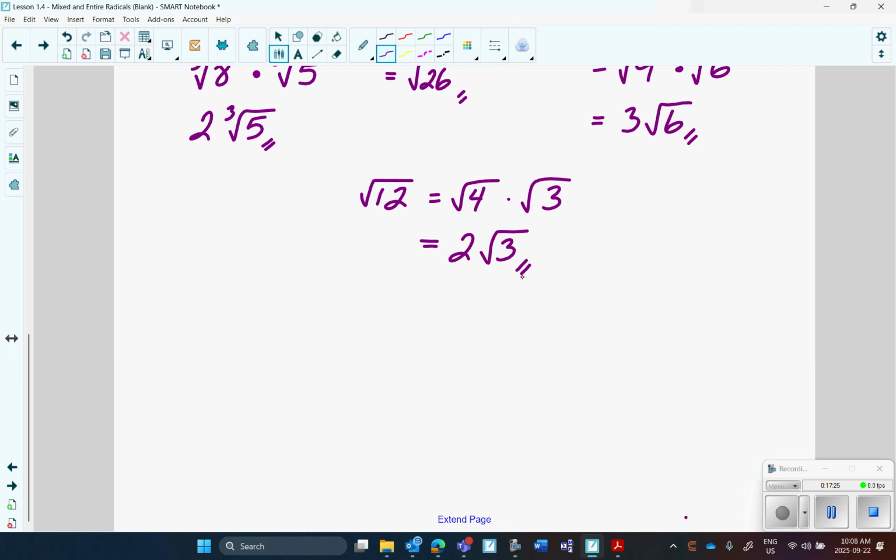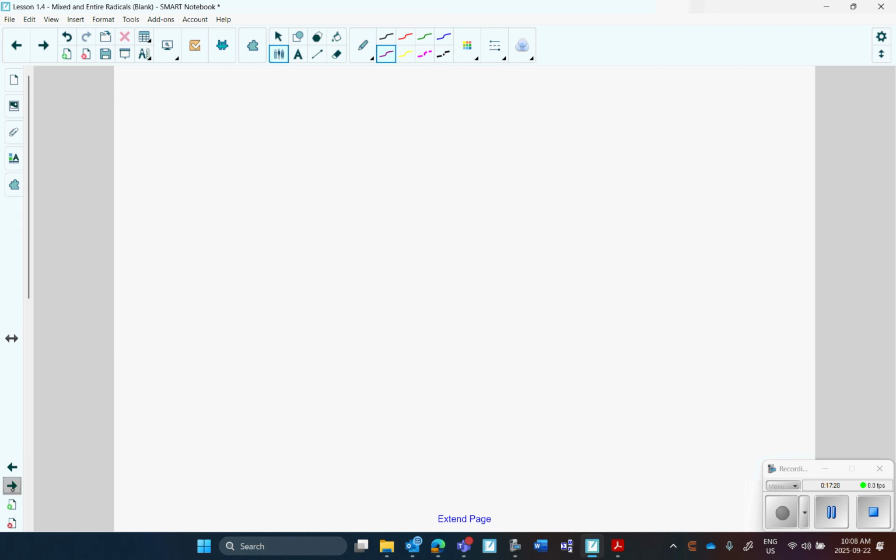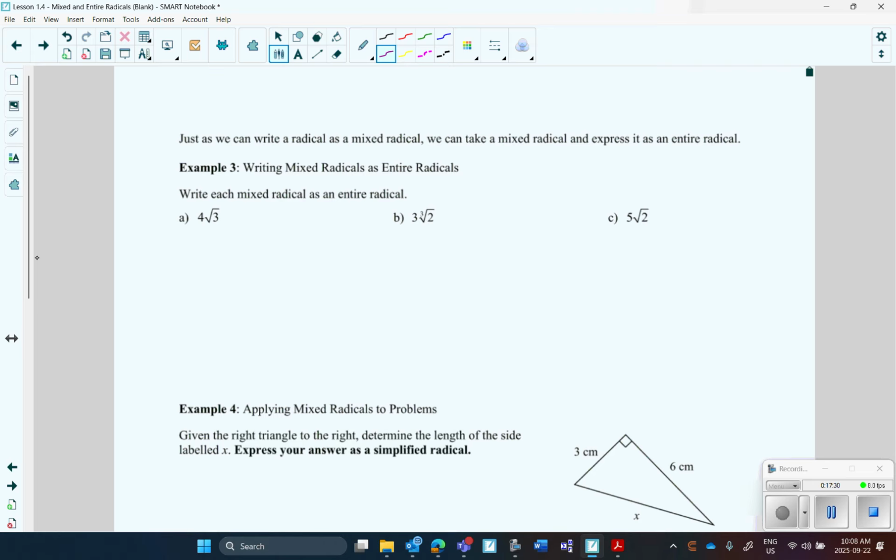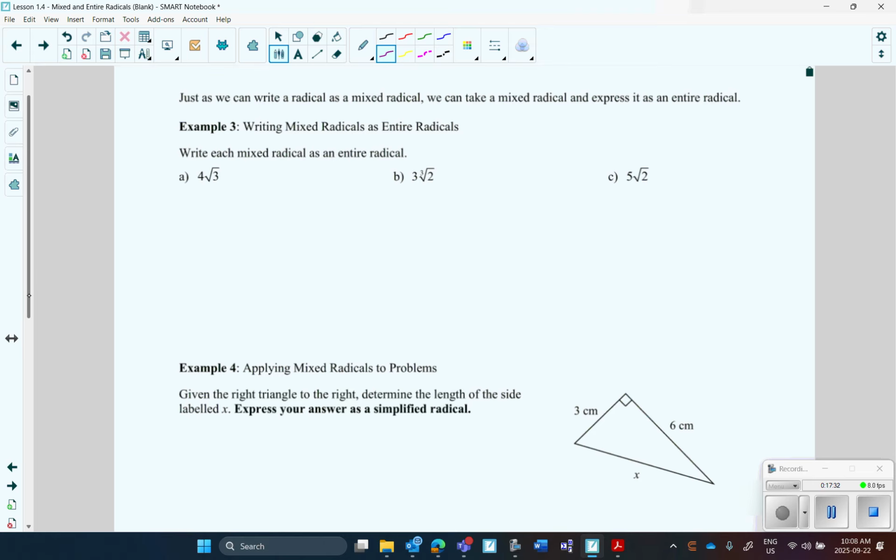Okay, the last thing I want to do before we do an actual example of using that. What happens if we're asked to go backwards? What happens if you start at the answer and you're asked to find what radical? Lydia?